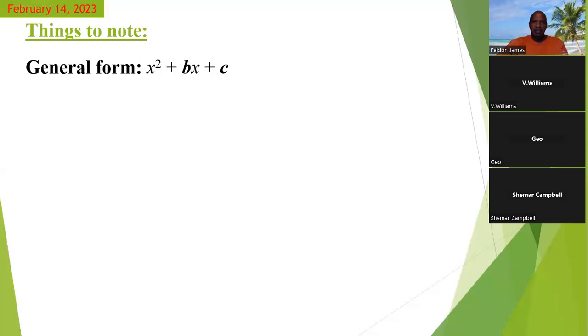So that's case 1. So we were working on case 1 from last class, and we would have gone through an exercise with some questions. And so we would have got a sense of how to do those. But I'm going to be highlighting some important points about case 1 in terms of the features of the terms.